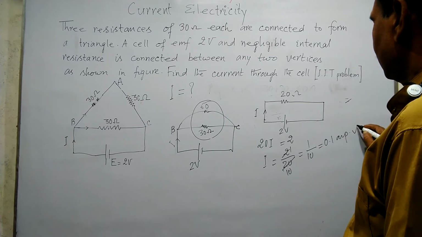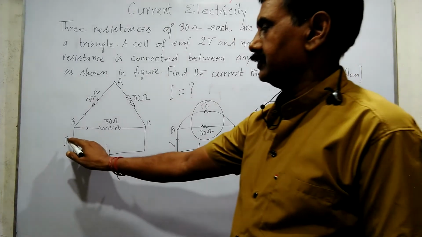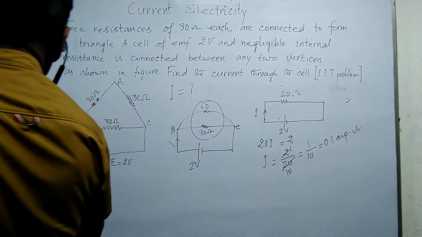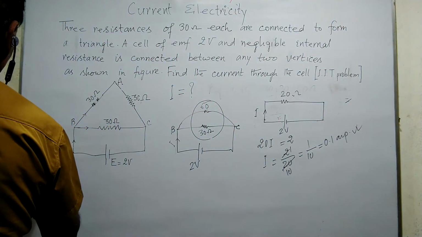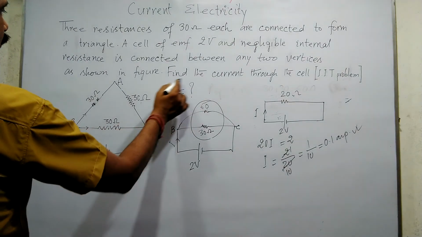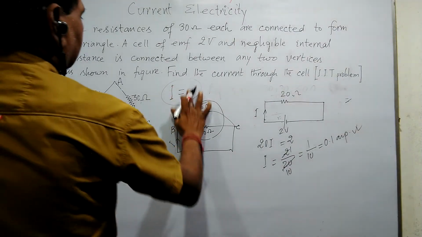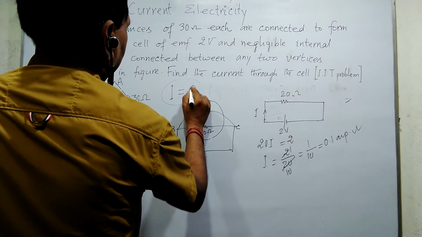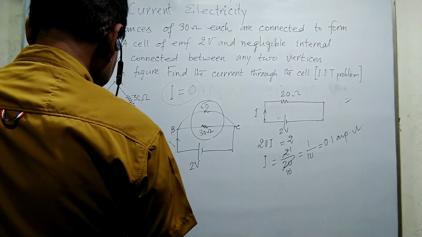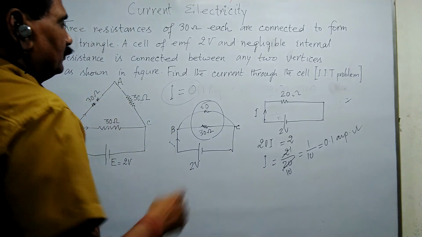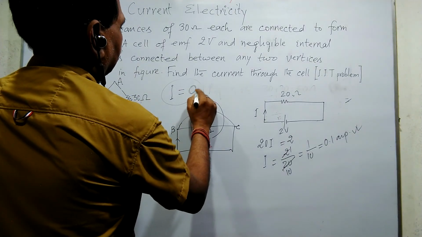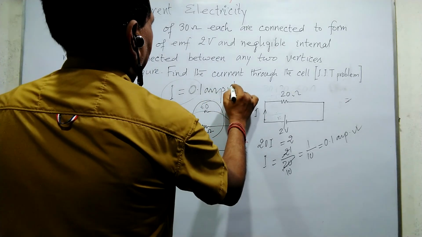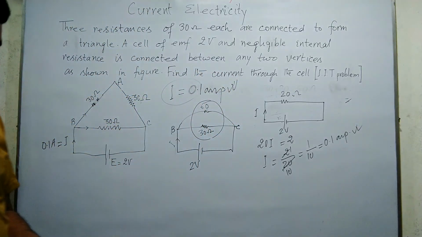This is the current passing through the cell or the whole circuit. This is 0.1 ampere, and we had to find this. Okay, and this is the answer.